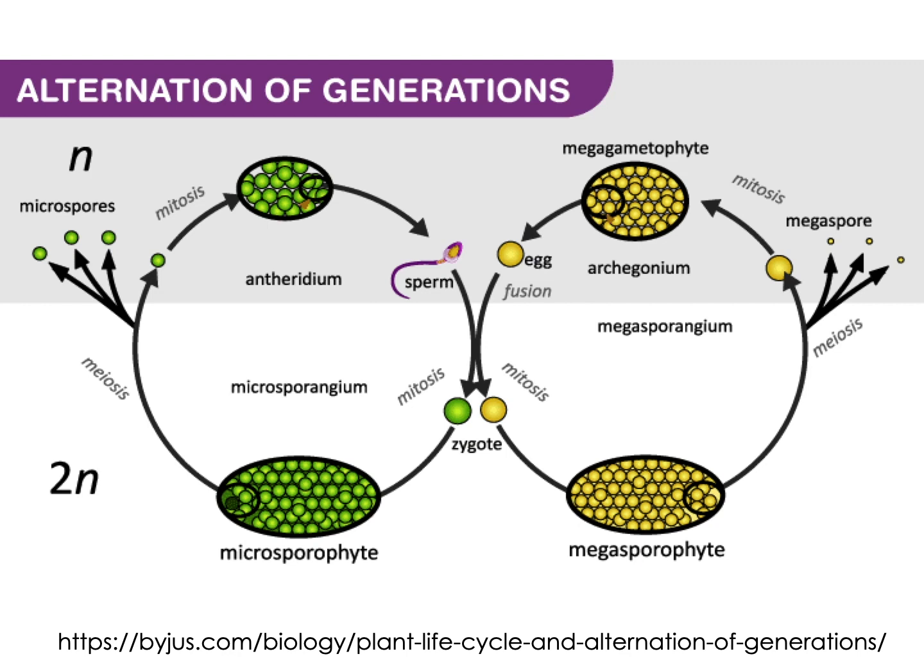The alternation of generations depends upon the type of the plants. In bryophytes, the dominant generation is haploid and the gametophyte comprises the main part. In tracheophytes, which I will explain later on, the dominant generation is diploid and the sporophyte comprises the main plant.